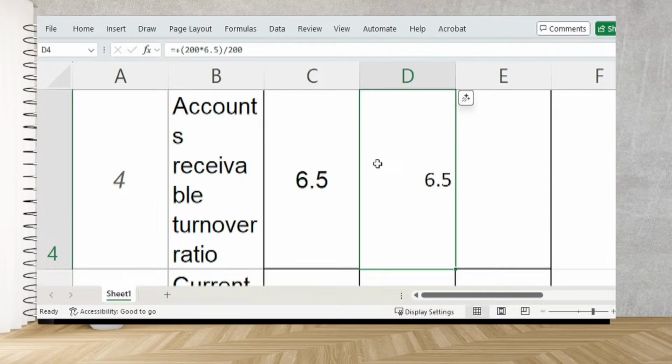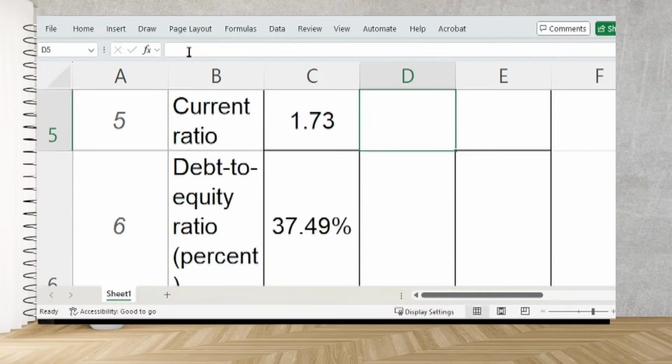So in that situation, if I keep 300 and here also 300, the ratio is again 6.5.